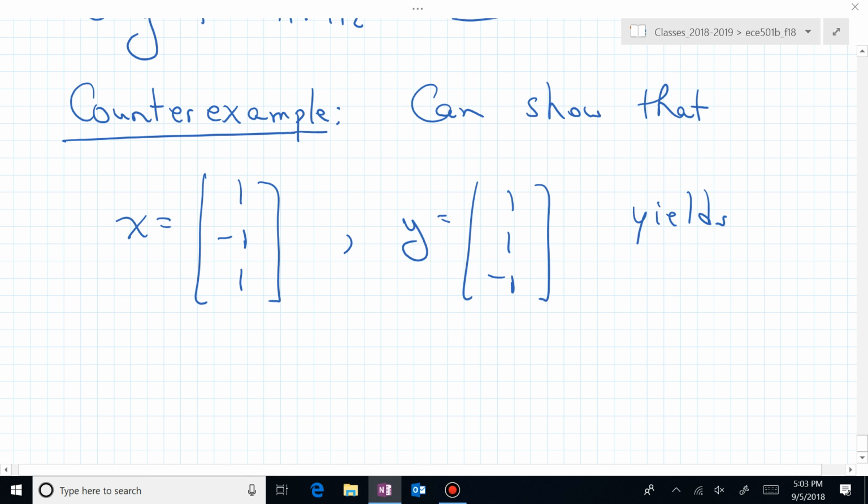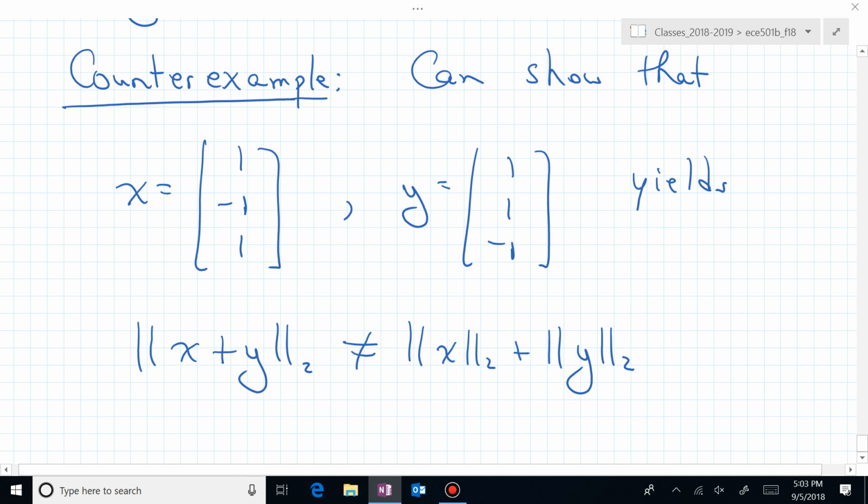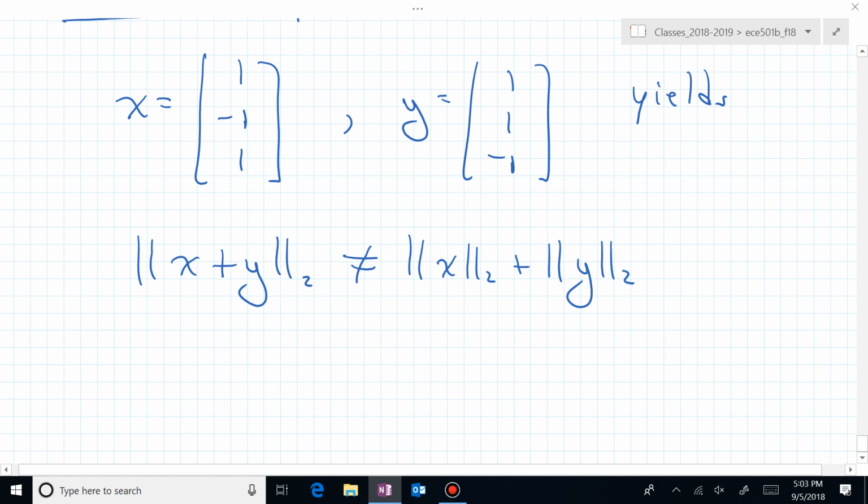And that's actually going to yield a result such that if we added x and y and found the 2 norm of their sum, that's not going to be the same as the 2 norm of x plus the 2 norm of y. What's x plus y?